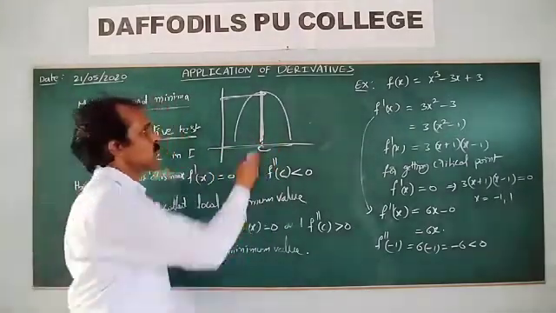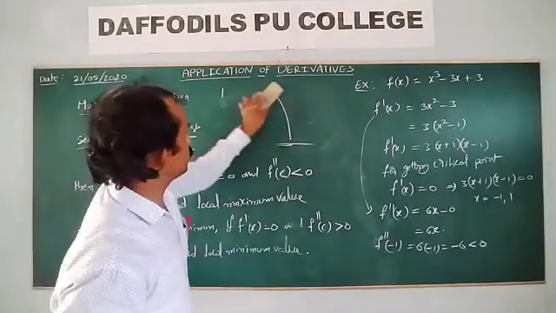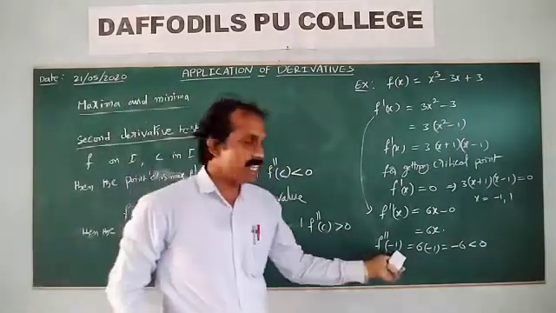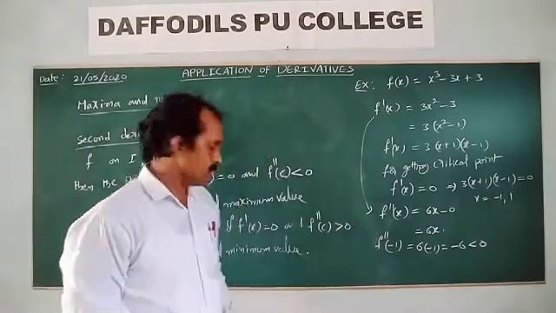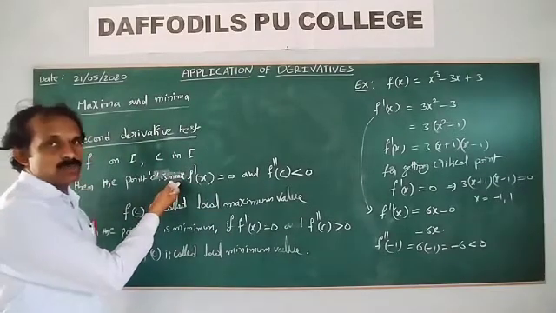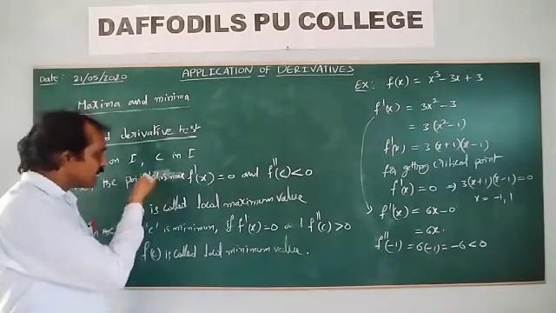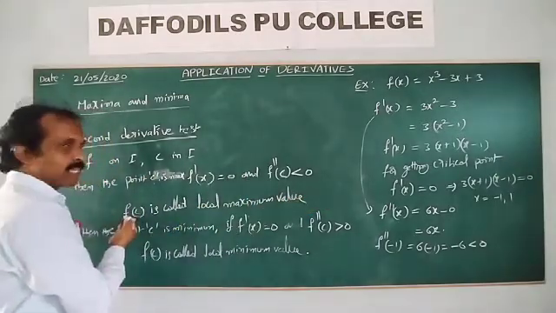So we substitute the critical point -1 in f of x. So c is called the local maximum point, at -1.